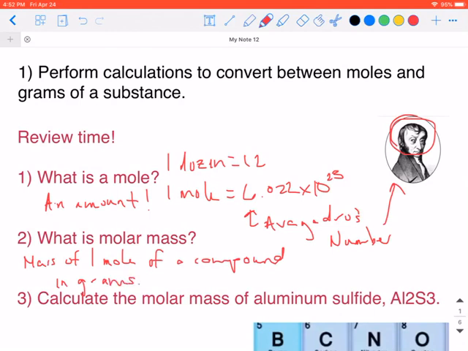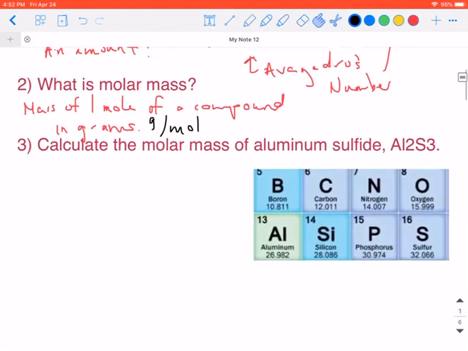Okay, so you might often see the units of molar mass are grams per mole, right? So how many grams do I have for every 1 mole of atoms, or 1 mole of compounds or molecules or whatever, okay?